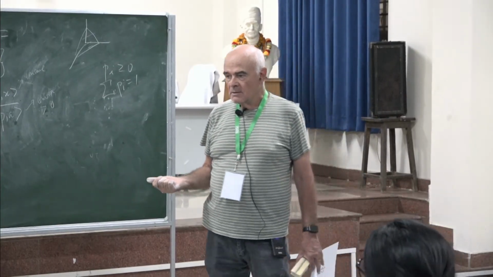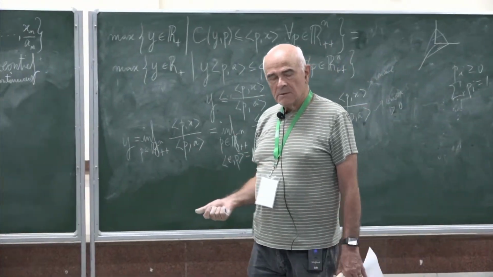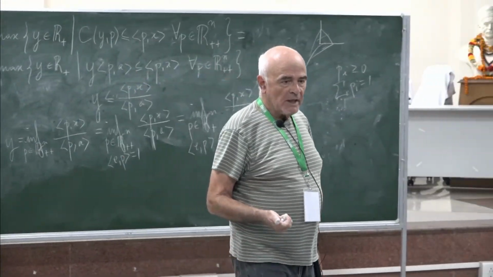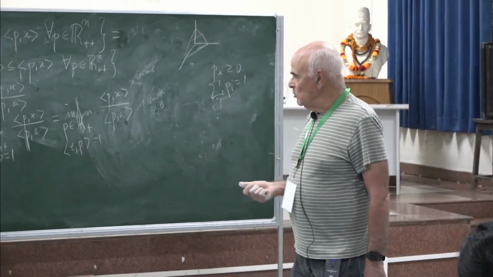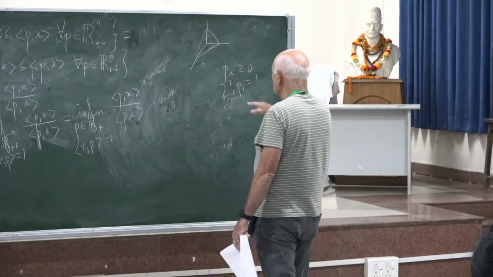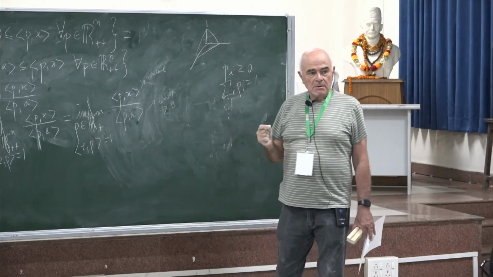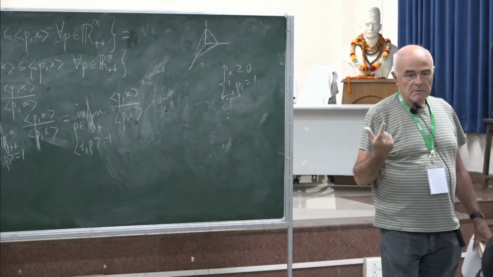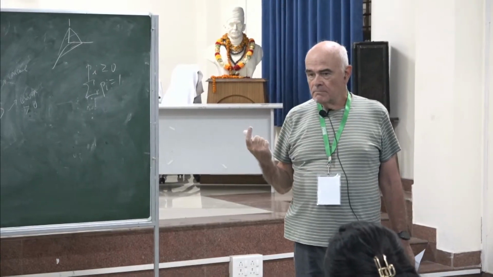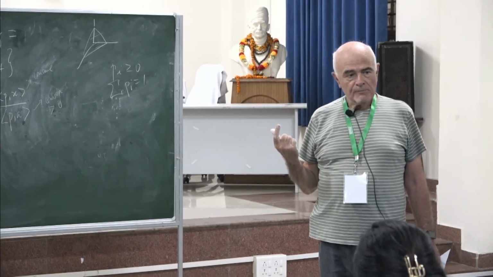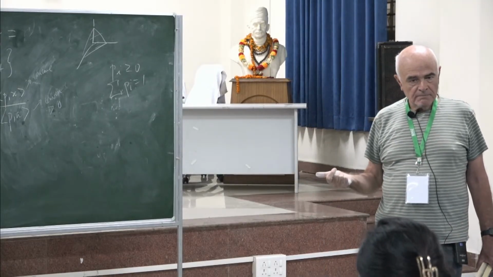And one can easily prove, if you want I will prove it, that a quasi-concave function attains its minimum on a compact convex set on an extreme point, on a vertex. Okay? Do you agree? If you want, I will try to prove it later.